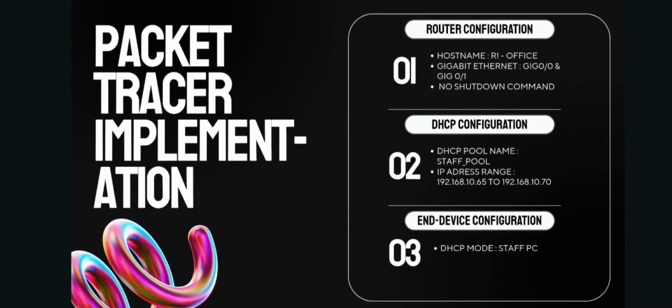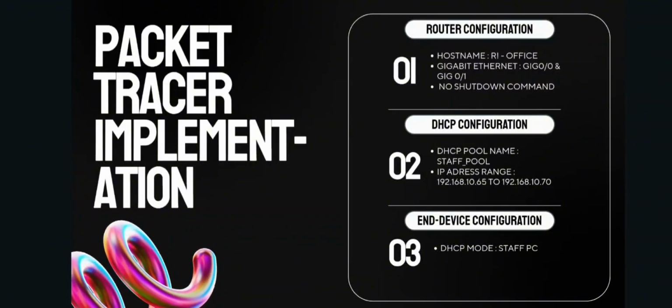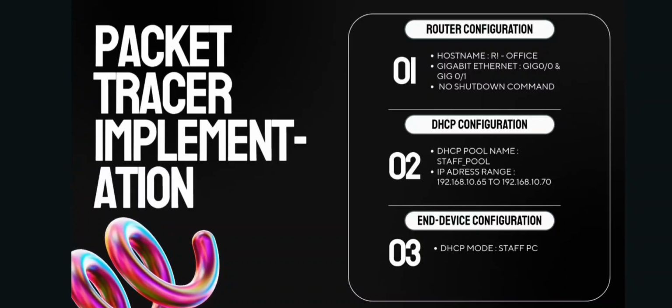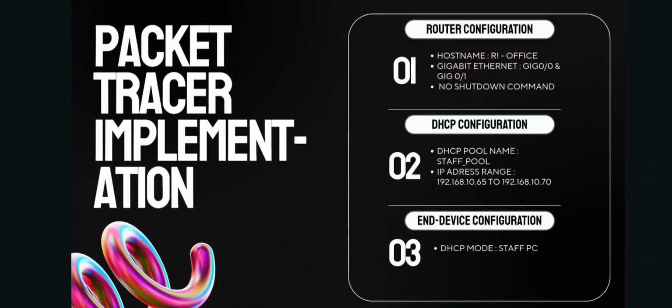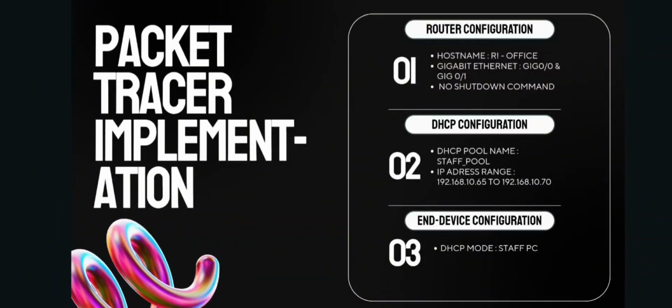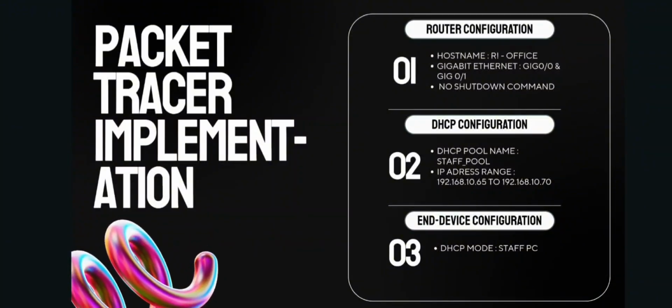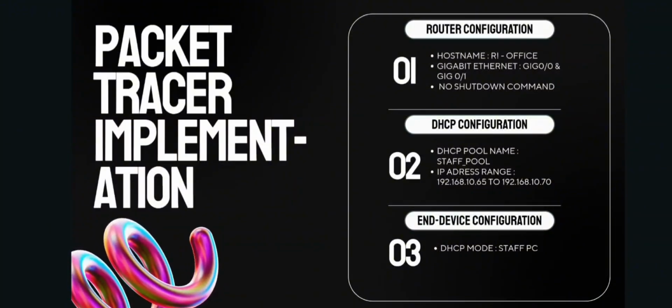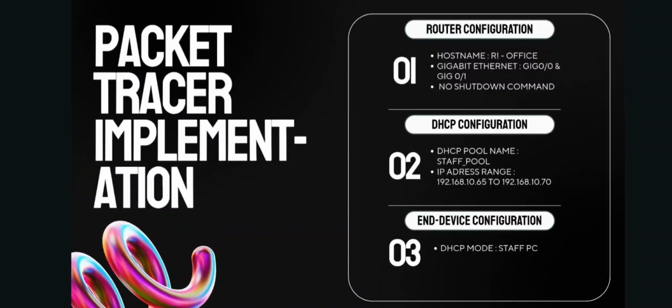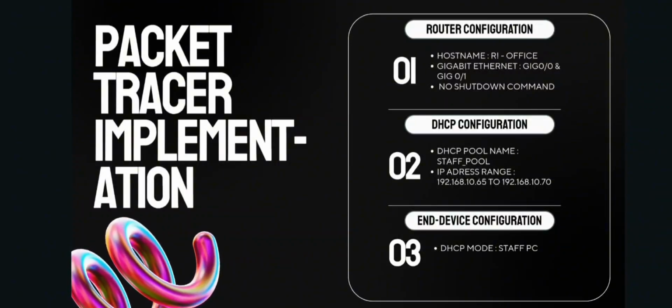This is done to reserve addresses for important devices such as the gateway and the printers. DHCP also helps to automate IP address assignment, which makes the network easier to manage and reduces configuration errors.